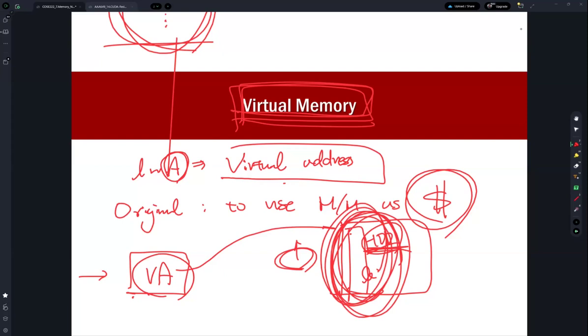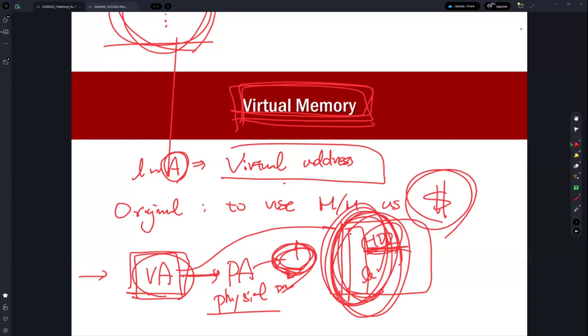The hard disk drive is extremely slow, right? So in order to access this small DRAM, we translate this virtual address into the real memory address. It's called the physical address. Then we can access this real main memory. So this is the concept of virtual memory.